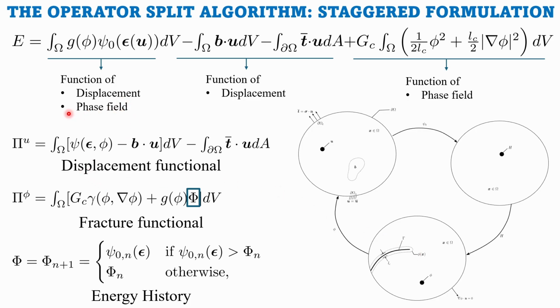So we take only displacement functions in the displacement functional. We take the fracture function in the form of our energy history in the fracture functional. So we are essentially decoupling the total energy density functional, I'm sorry, the total energy functional.